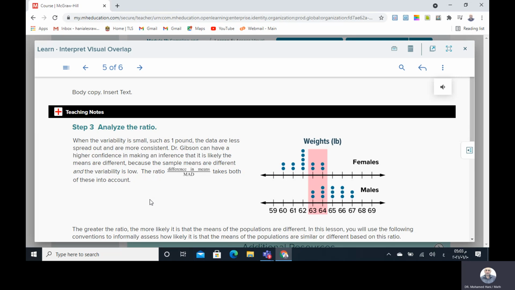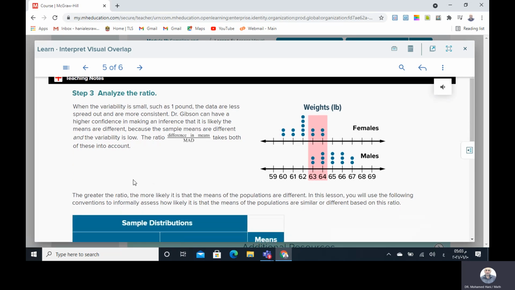The third step, analyze the ratio. When the variability is small, such as 1 bound, the data are less spread out and more consistent.